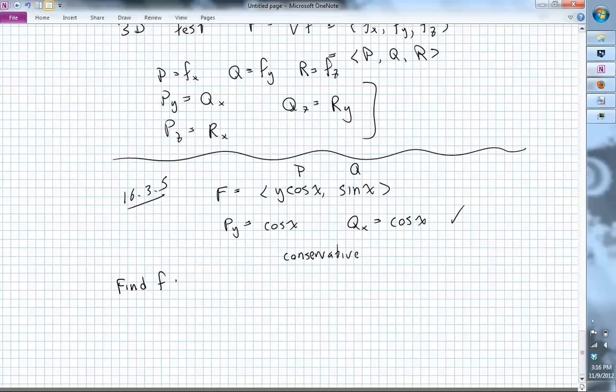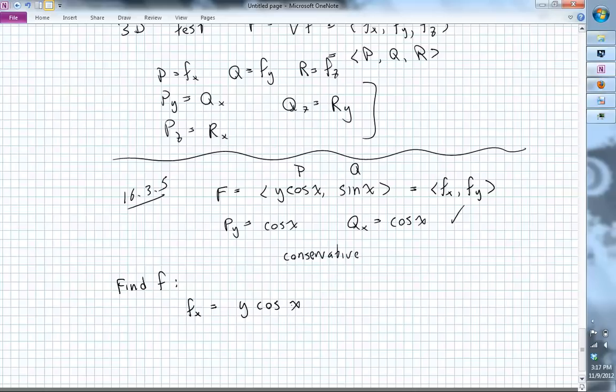We want to find little f. What do we know about little f? Well, we know that little f sub x is equal to P. And what's the goal here? The goal is to find little f.